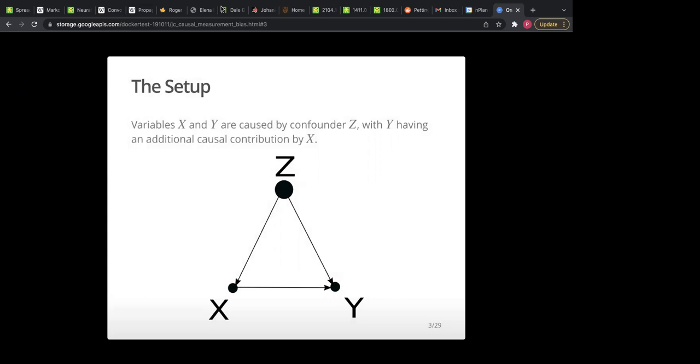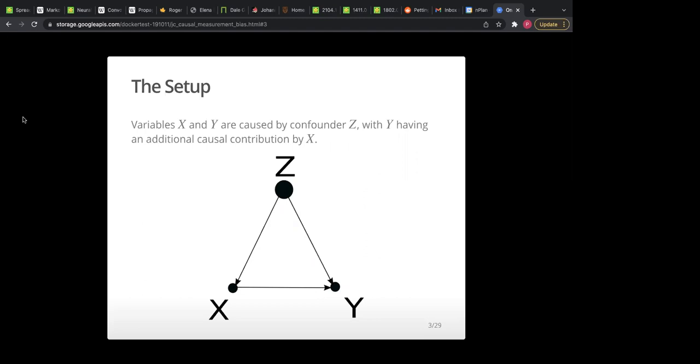But we also have another variable z, and z could be not just a single variable, but a vector variable. So it could be a lot of things that affect x and y at the same time. This is called a confounding variable, and if we were to ignore it, we would get wrong results for all sorts of reasons.